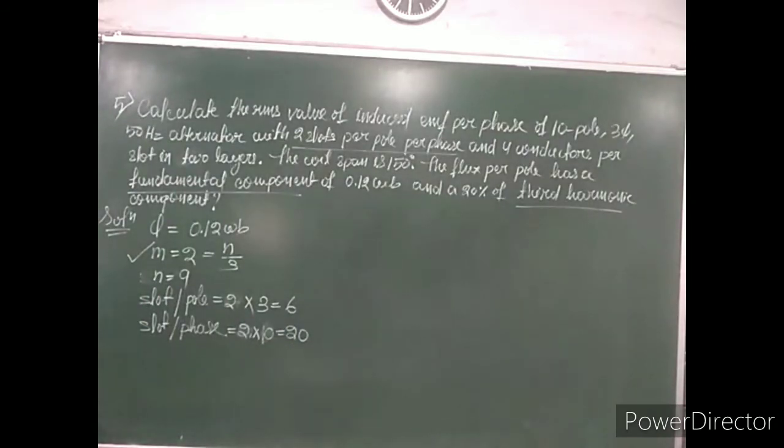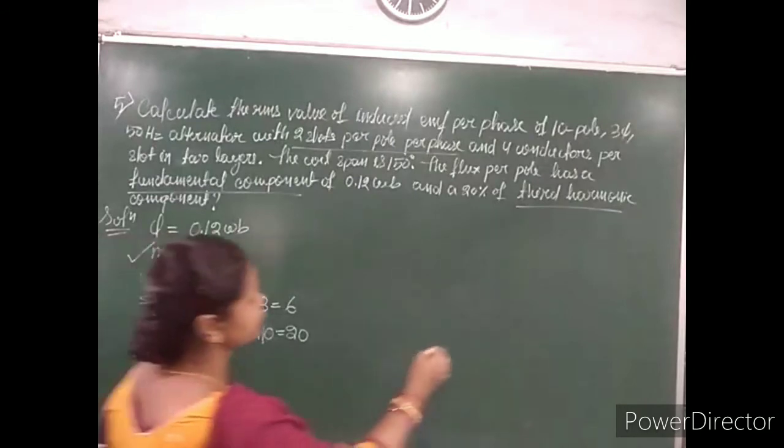So number of conductors per phase is slots per phase into conductors per slot. This is the number of conductors in series per phase, which is equal to slots per phase into number of conductors per slot.